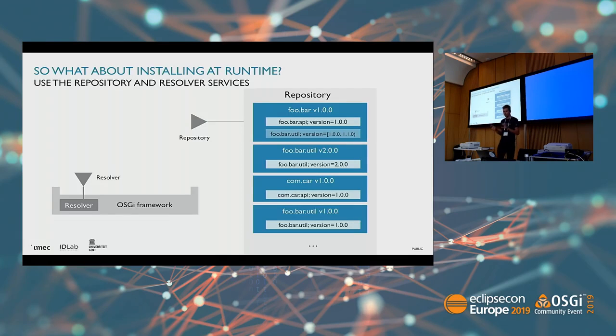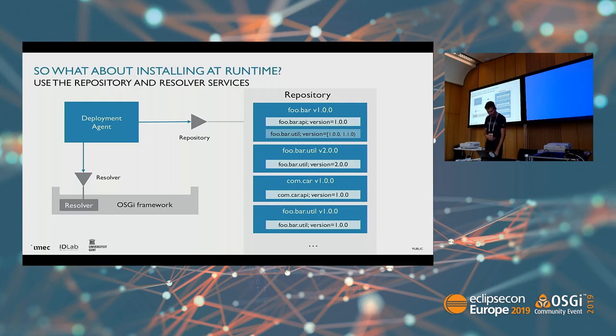And if you combine those two, it's basically fairly easy to write your own deployment agent that asks the resolver, I want this bundle, resolve it for me, and by the way, here's this additional repository of stuff you might need in order to get it working. And by combining those, you can basically do all the resolving for you. And if you now install a bundle at runtime, it will also search for the dependencies in the repository.